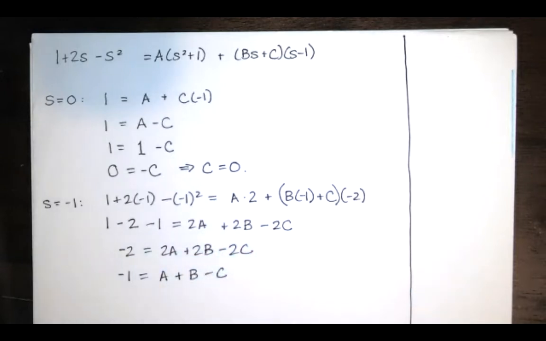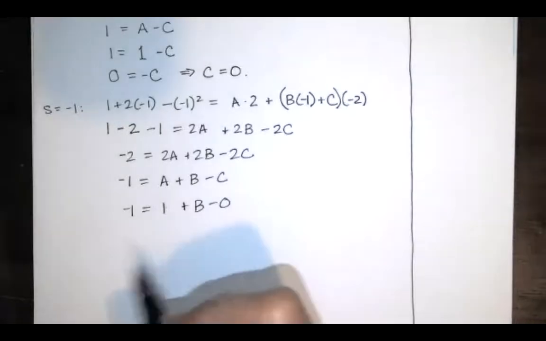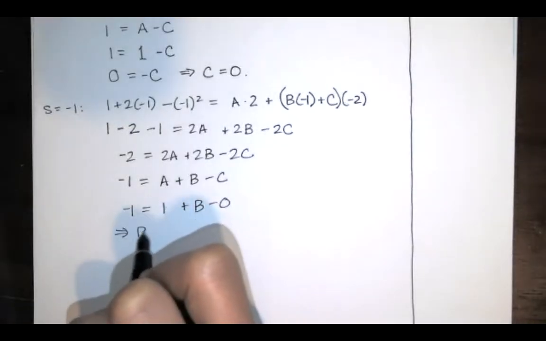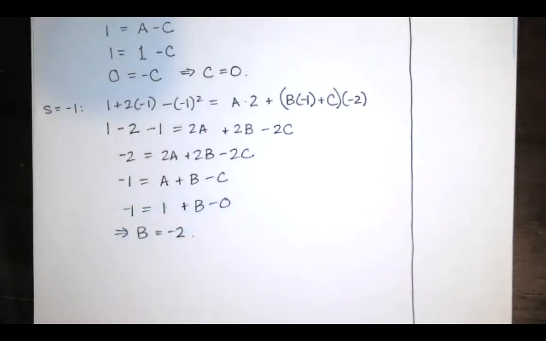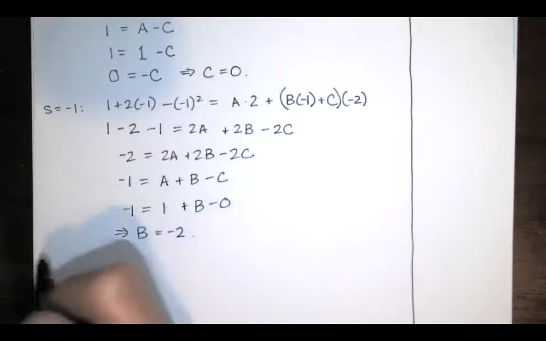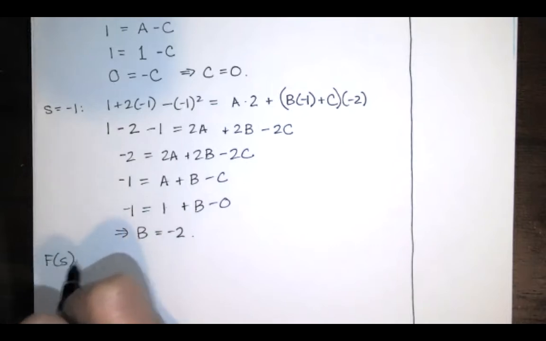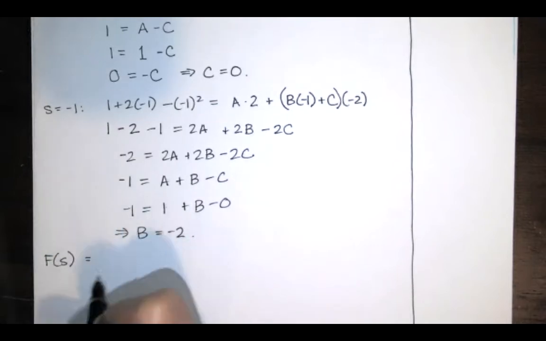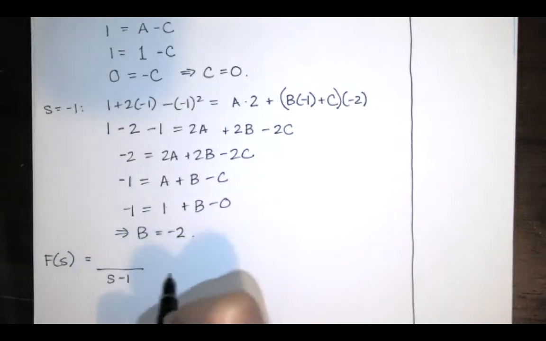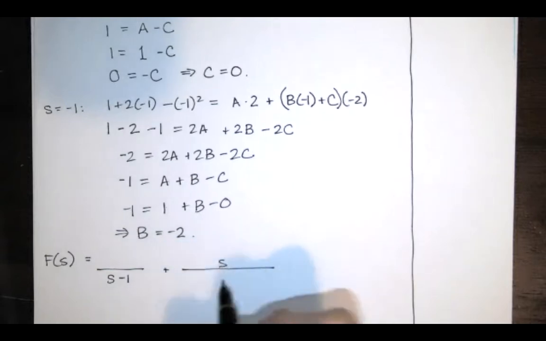But we already know what a and c are. We know that c is 0, so we can substitute that in. And a was 1, so we can substitute that in. So we'll subtract 1 from both sides, and we get b equals -2. All right, so that means f of s is actually a over s minus 1 plus the quantity bs plus c over s squared plus 1.